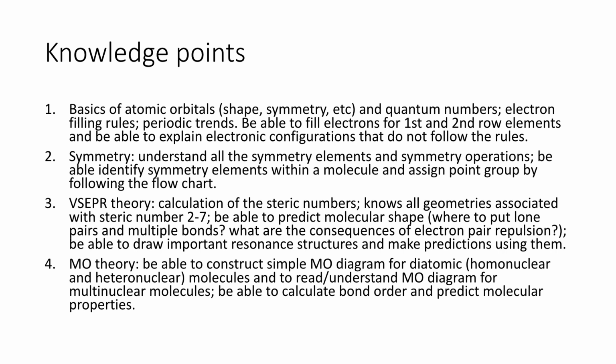Okay, for example, certain transition metals prefer half-filled or fully filled subshells. Okay? And also in this section, we also talked about periodic trends. We talked about size. We talked about ionization energy, electron affinity.